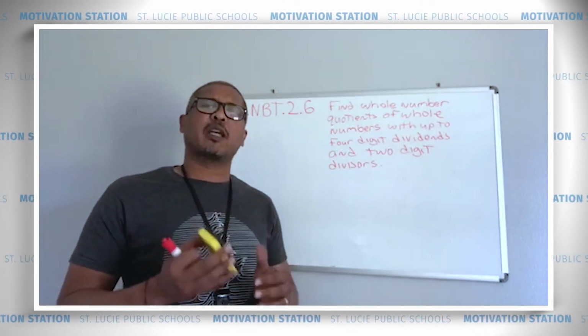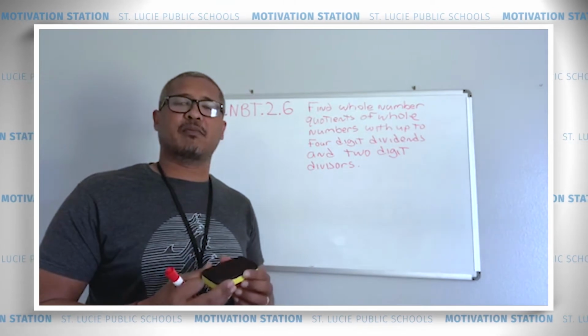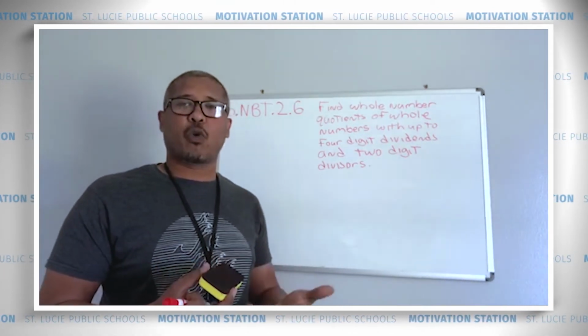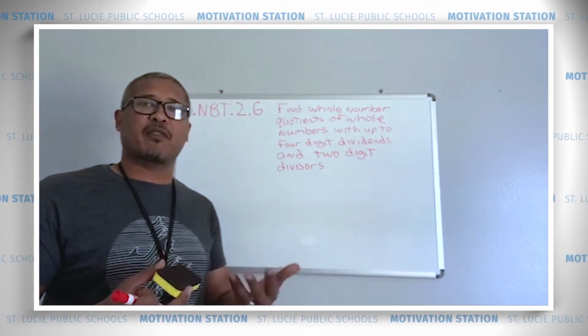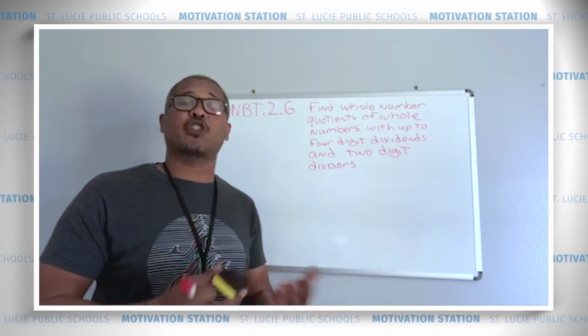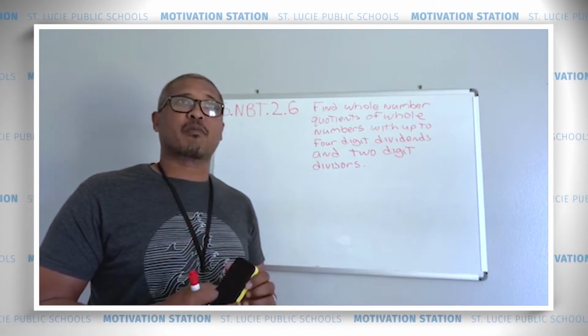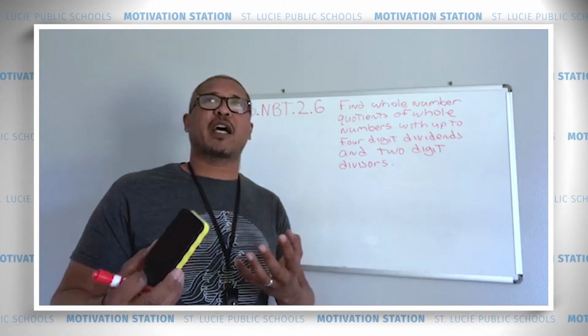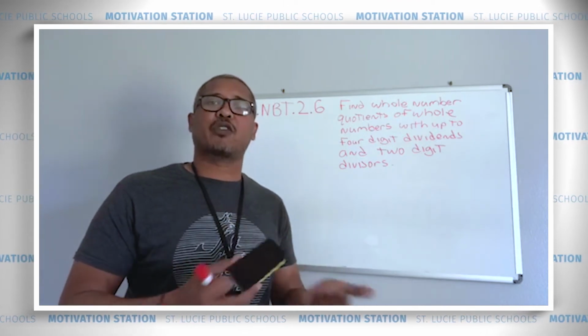All right, so when we're talking about using multiples, the easiest partial quotients to use are usually multiples of 10. So that means 10, 20, 30, 40, 50, 60, 70, 80, 90, 100. That's what we're going to be multiplying our divisor by.